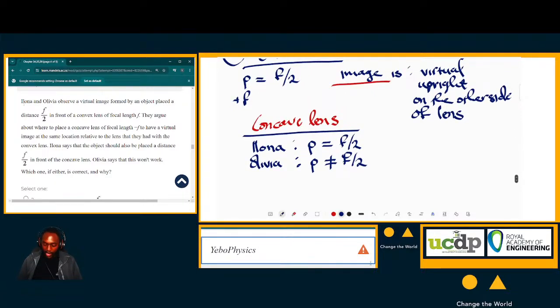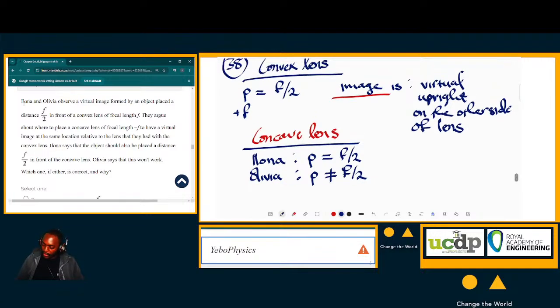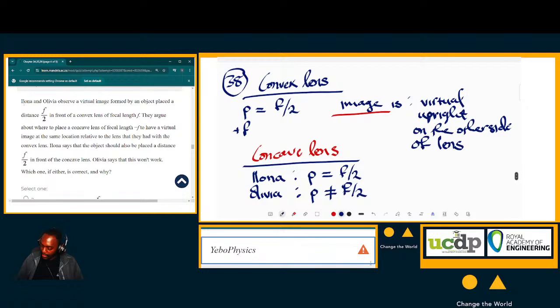Okay, so now we can use our equation. You remember the lens equation, right? And we consider the convex lens, calculate and see, or compute and see where the object should be, where the image will be formed.